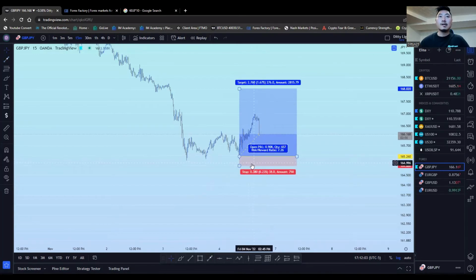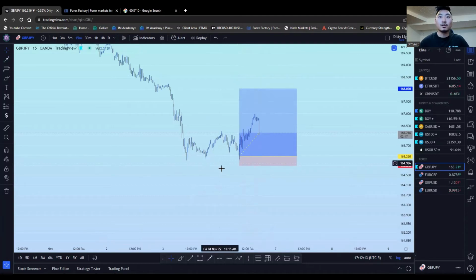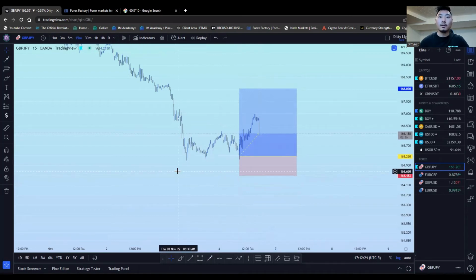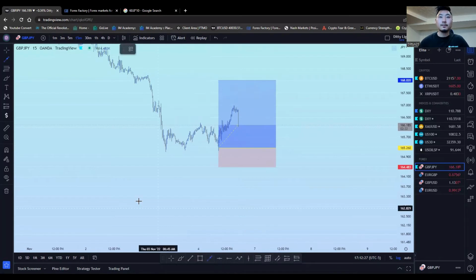It's not always 38 pips that you will risk in the market. It depends on the setup and on how you analyze the market. Sometimes it can be 165 pips, sometimes 70.7 pips. But you always want to risk 0.5 or 1% or whatever percentage you're comfortable risking in the market.